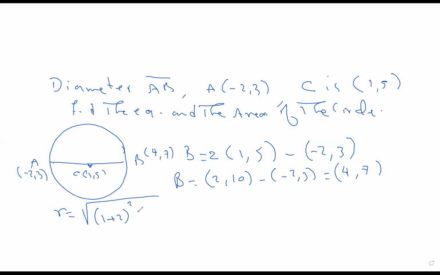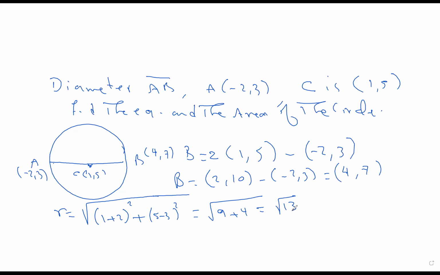Will it matter? 5 minus 3 power 2. It will be root of 3 power 2 is 9 and 2 power 2 is 4. So it will be root of 13.